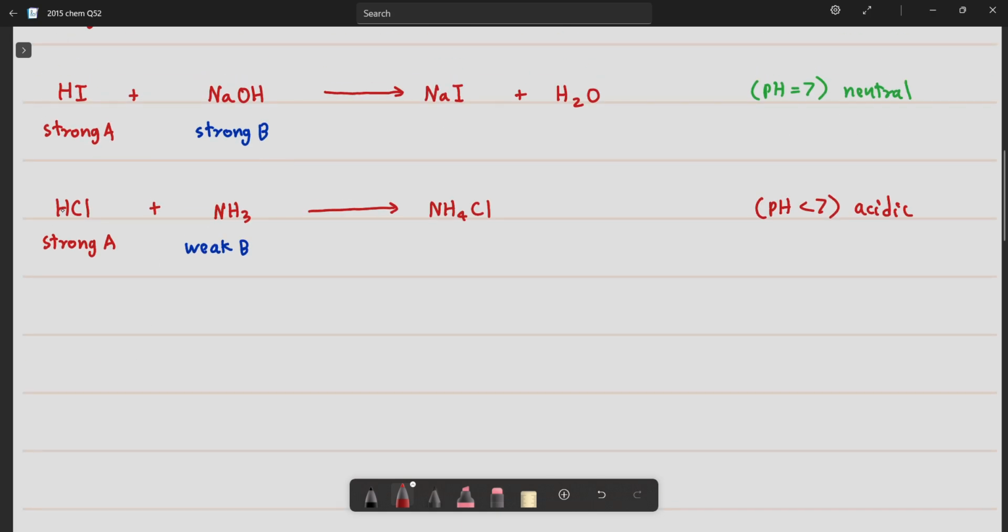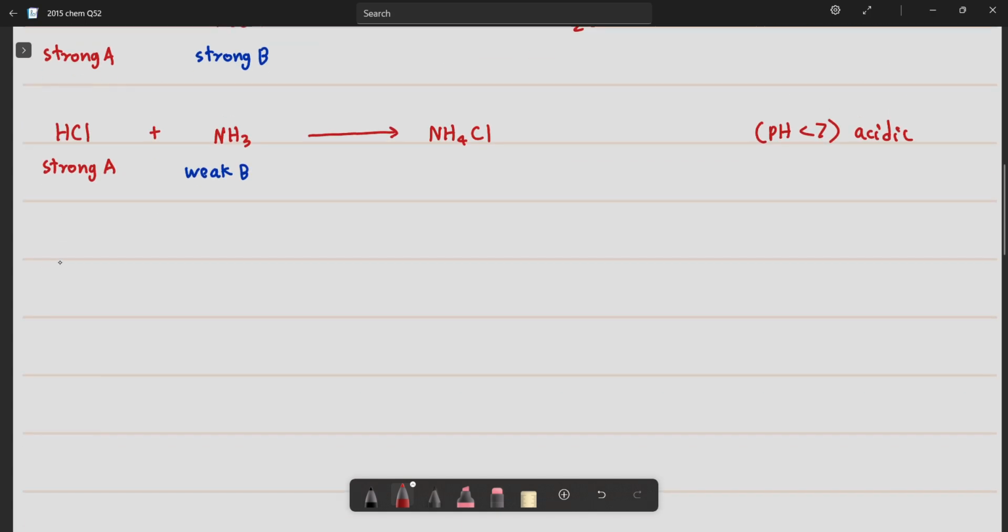The most likely parent acid and base will be, sorry, carbonic acid plus sodium hydroxide, and this will produce sodium carbonate plus water.